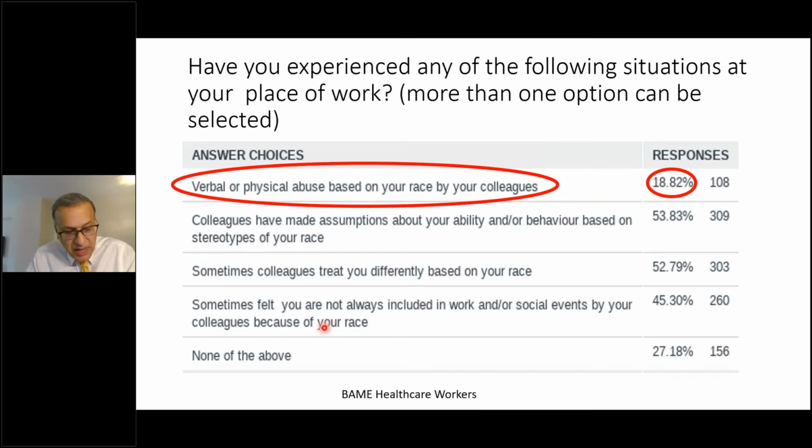When the question was asked, have you experienced verbal or physical abuse from your colleagues based on your race, nearly 19% of ethnic minority colleagues said yes. Please note, this is verbal or physical abuse based on race by colleagues.